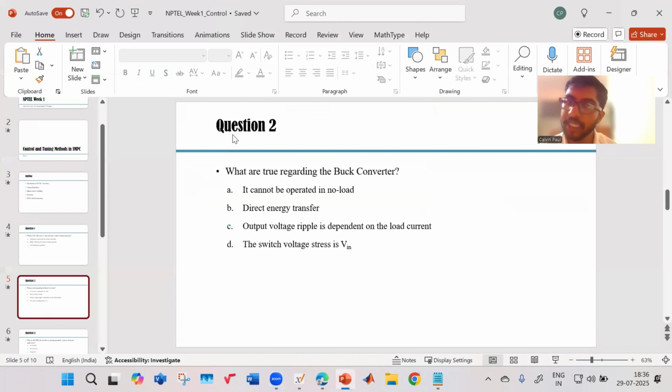So what are true regarding the buck converter? Which of the following are true regarding the buck converter? There are multiple correct answers. So you can tell me which are correct, which are wrong.